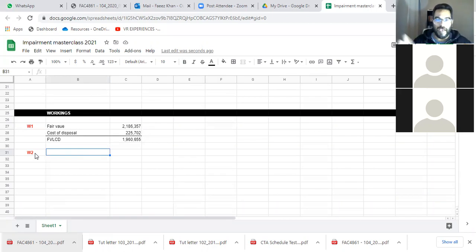How you set it up depends on what information was given. In this scenario, they gave us 5 years of regular cash flow, each year for 5 years, 600 and something.